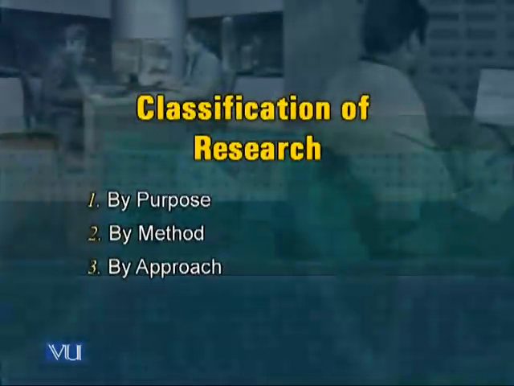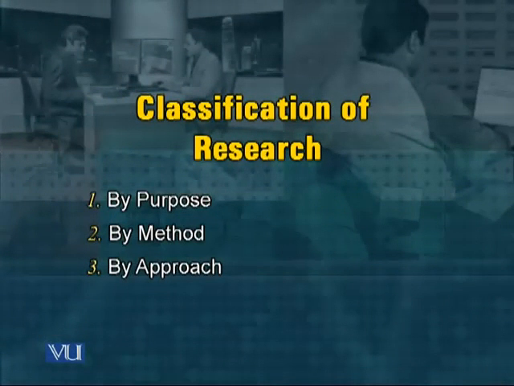So, the knowledge that has been stocked by the history, it needs to be sifted. That may be our different method. The third classification, research can be classified in view of its approaches. What are these approaches? We are going to discuss them in detail in our coming lectures.